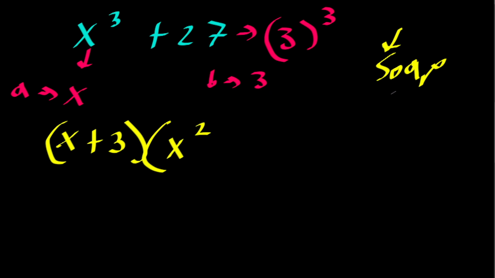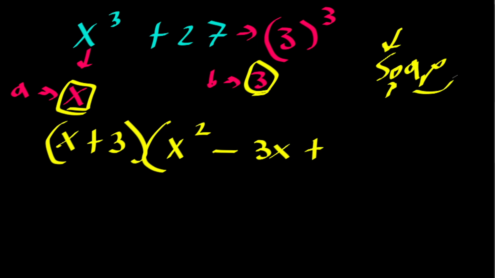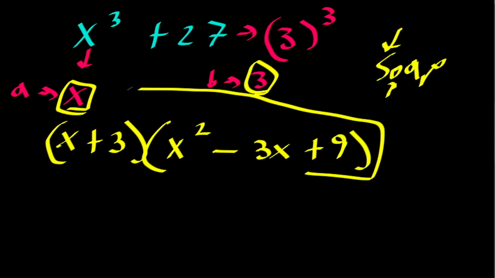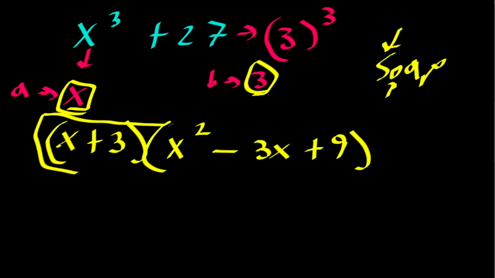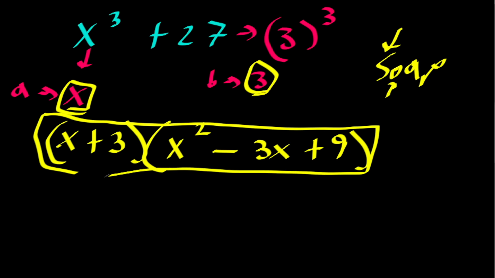Then we do the opposite sign, the O, so we make this minus, and multiply a times b, which is x times 3, or 3x. Then the last part of SOAP is AP, always positive, plus b squared, which is 3 squared, so that would be 9. So we have just factored using sum of cubes.